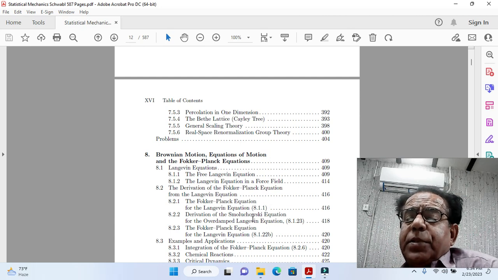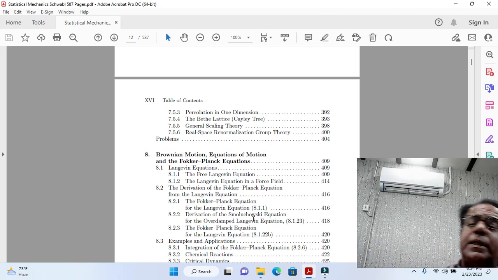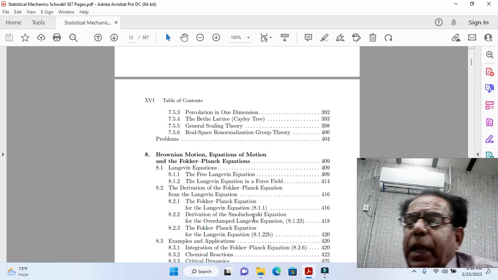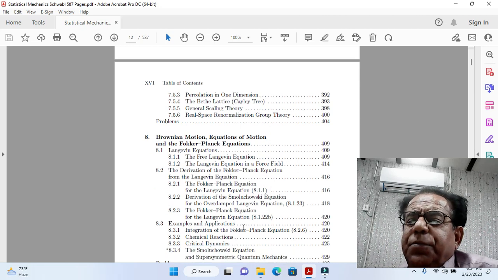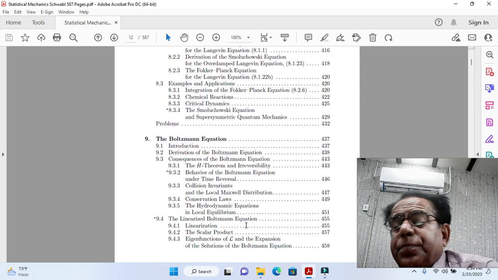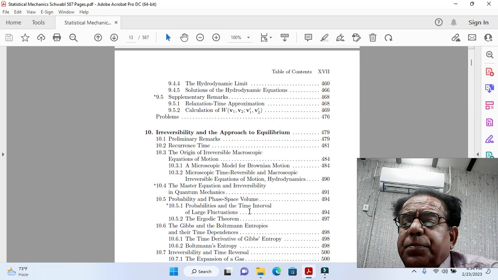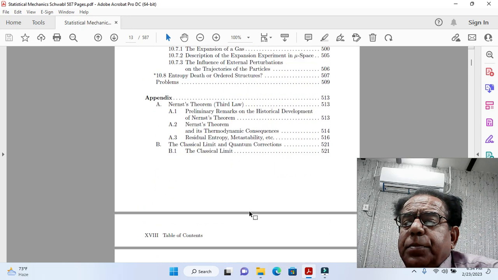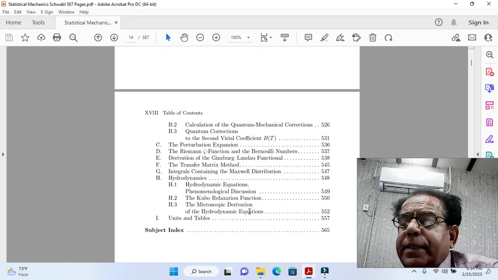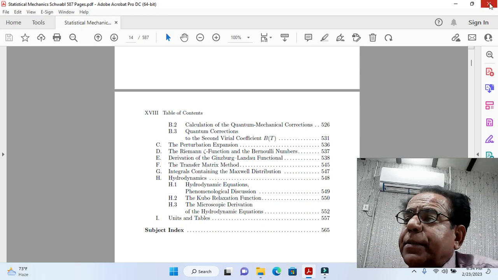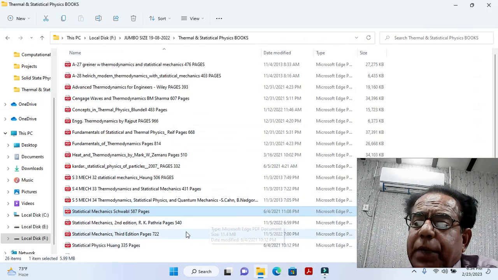I have seen this term for the first time. When we come to this topic, we will become familiar with it. The Boltzmann equation, irreversibility and the approach to equilibrium, and the index is given at page number 565.